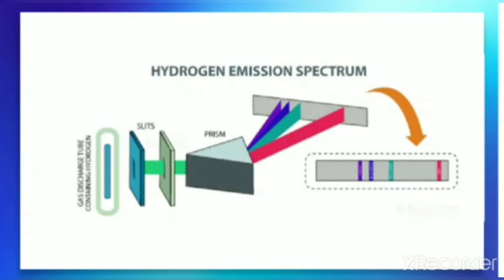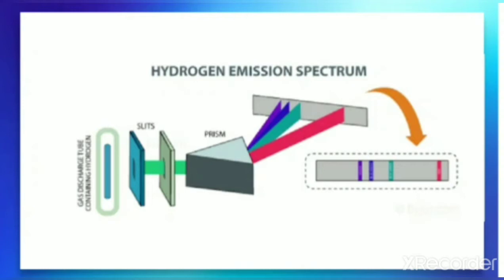The spectrum of the hydrogen atom can be obtained by passing an electric discharge through hydrogen gas, which is taken in a discharge tube under low pressure. When we apply an electric discharge, it starts to emit radiation.